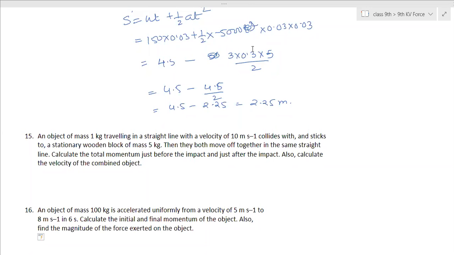Ma'am, total momentum after the collision is 6 kg meter per second? No, it's 10. The 15th one you are telling, no? Yes, ma'am, after the collision both should be the same. So initial and afterwards both should be same, no?